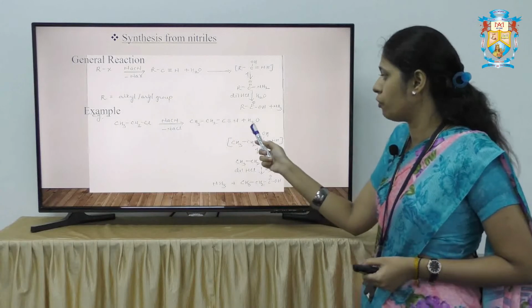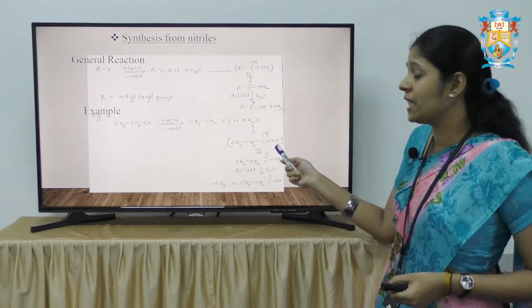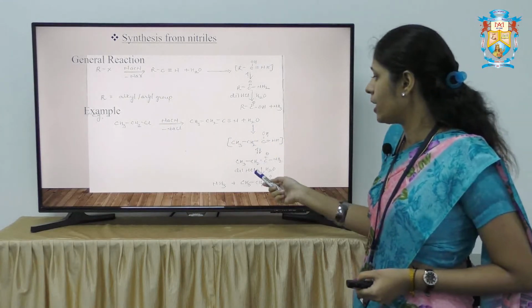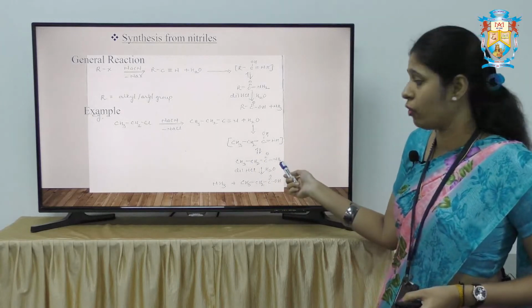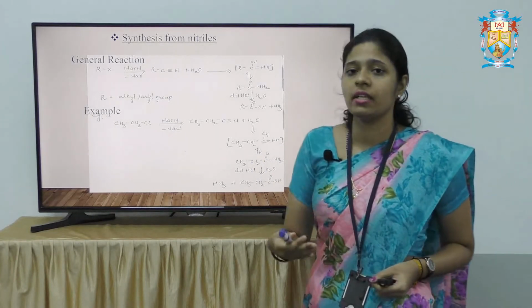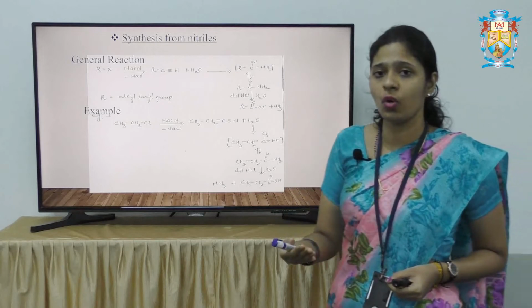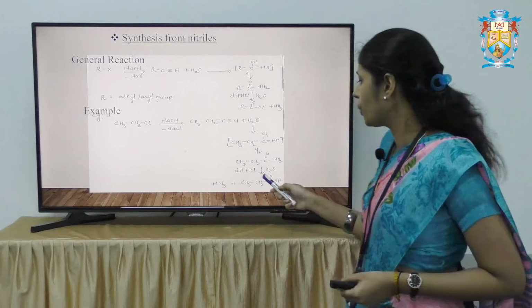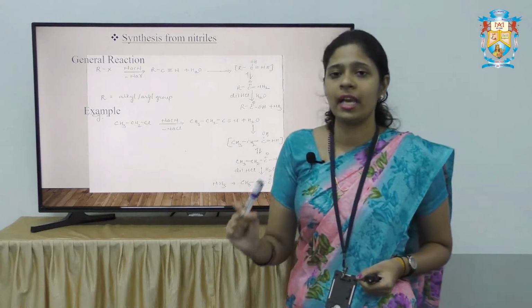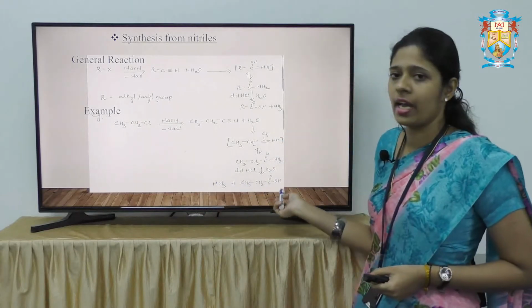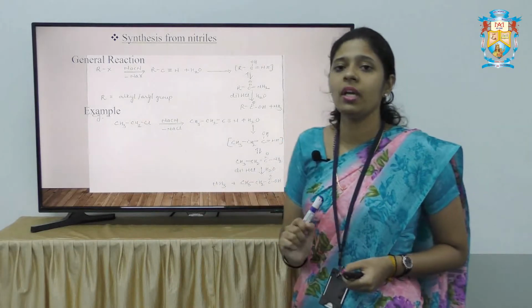Then there is addition of water, which forms an intermediate, and then the amide group is formed, which on addition of dilute hydrochloric acid and water gives the monocarboxylic acid, that is your ethanoic acid. The byproduct will be ammonia.